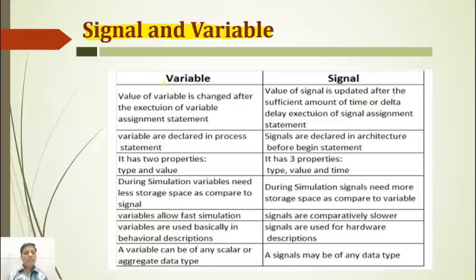So in left hand side we are having the variable, and right hand side we are having the signal. So variable, first point, value of variable is changed after the execution of variable assignment statement.